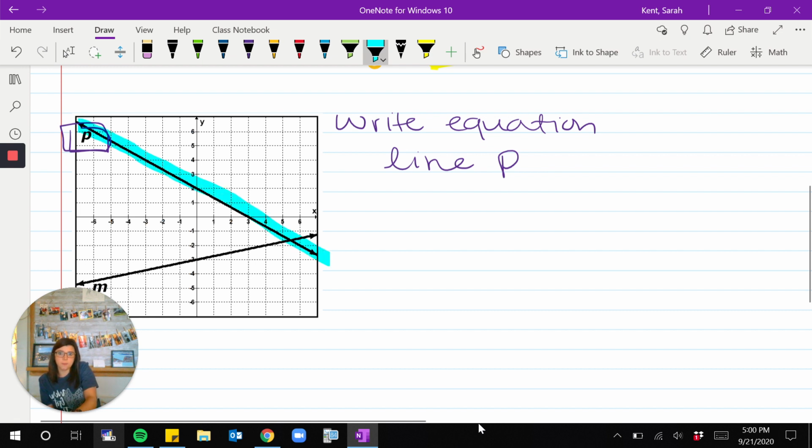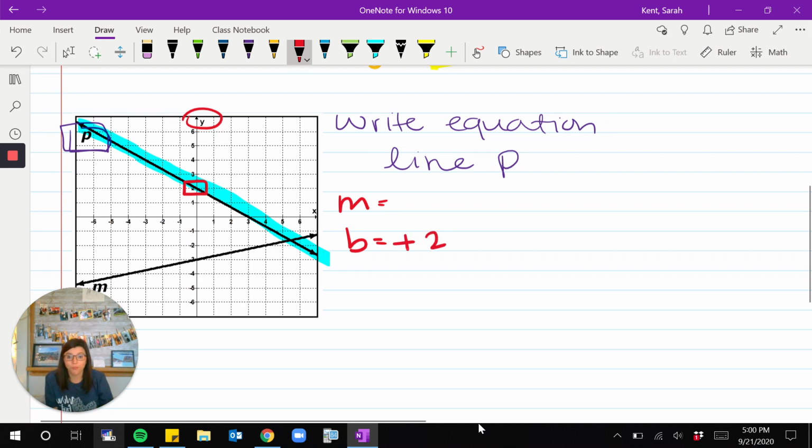Again, the two pieces I need are the slope and the y-intercept. For my y-intercept, this b, I can just look at my y-axis and I can see it crosses right here. So my y-intercept is +2.